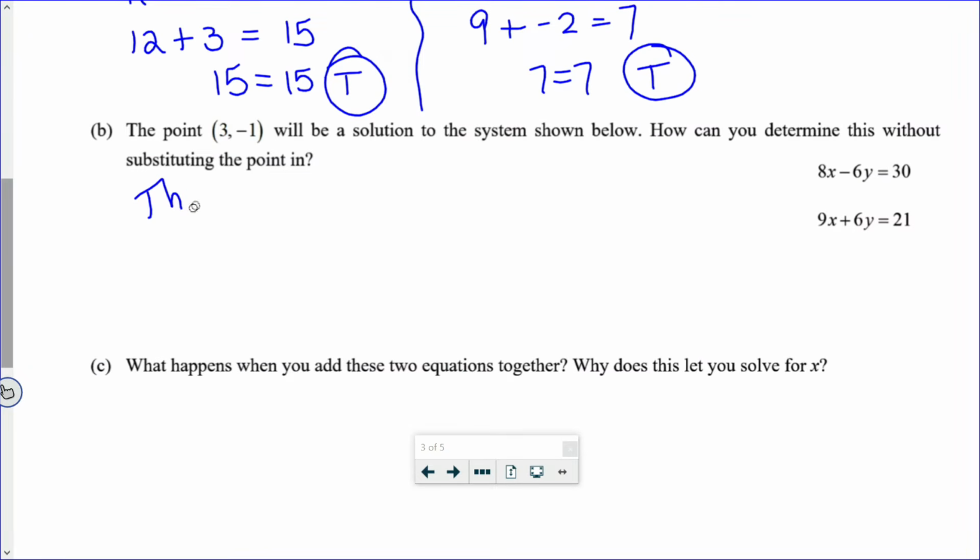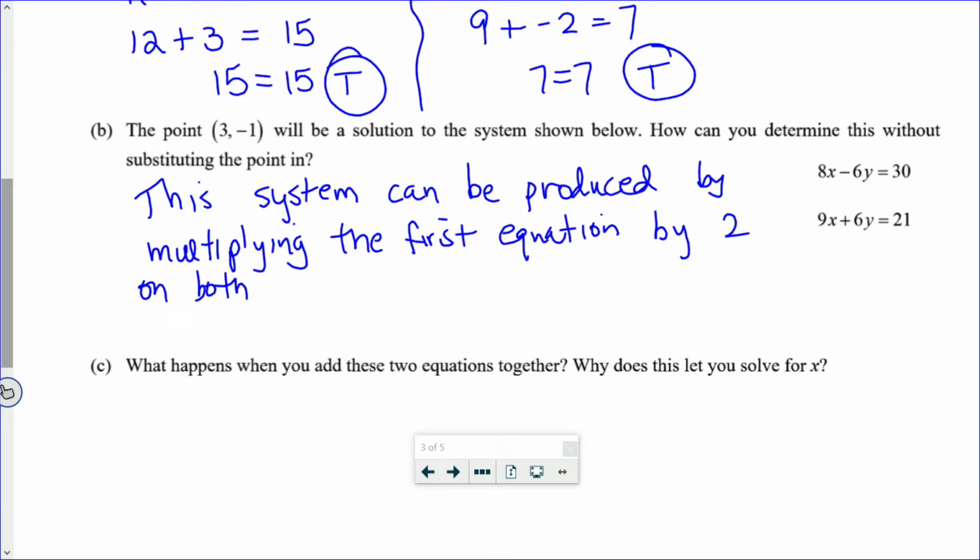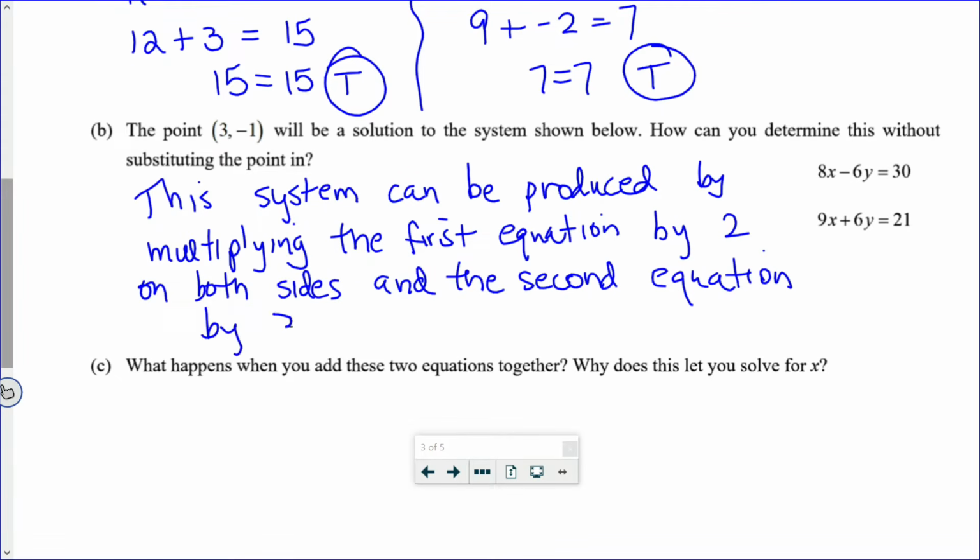So this system can be produced by multiplying the first equation by 2 on both sides, and the second equation by 3 on both sides.